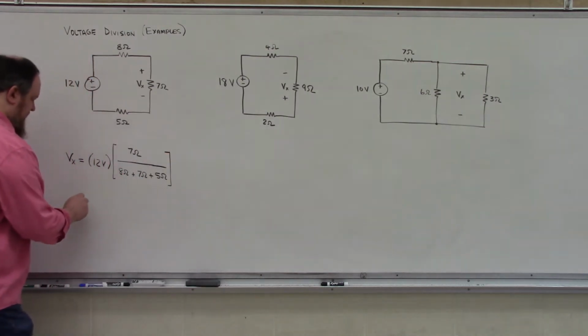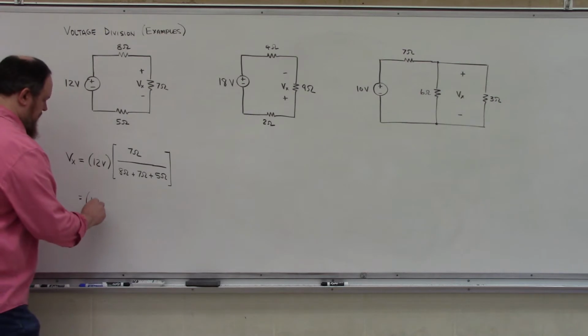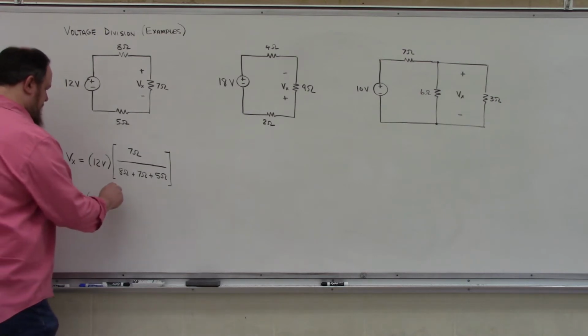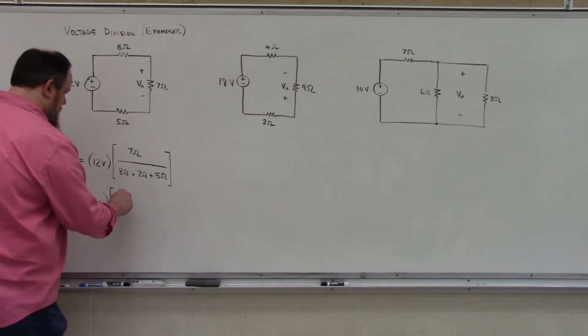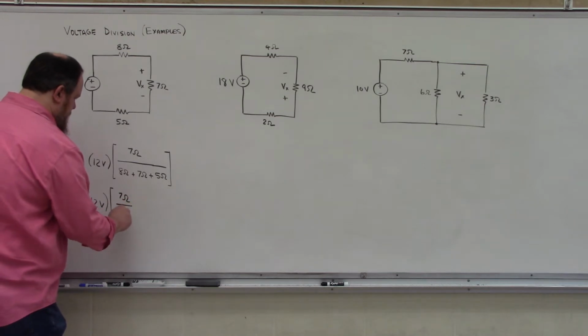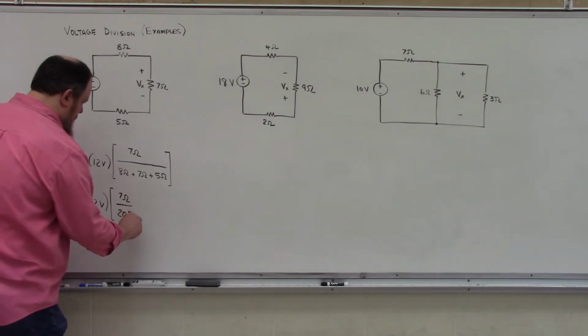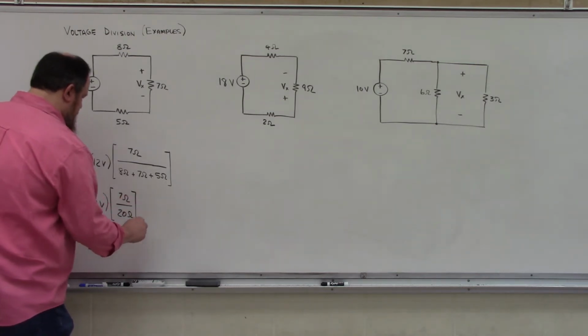We can simplify this. 12 volts times 7 ohms over 20 ohms.